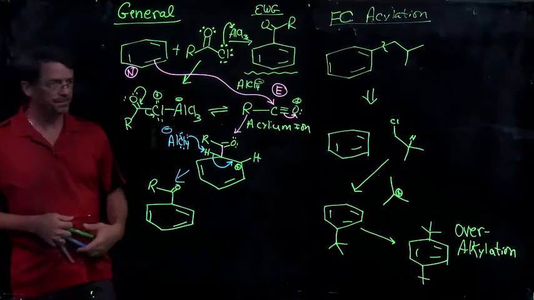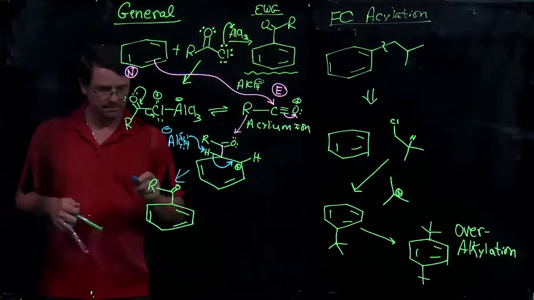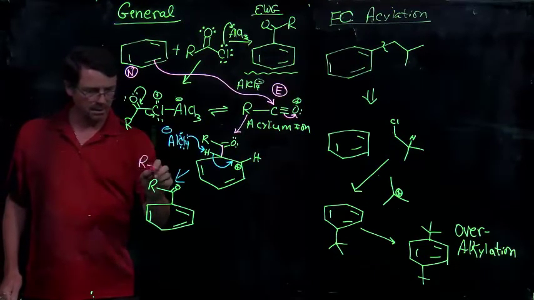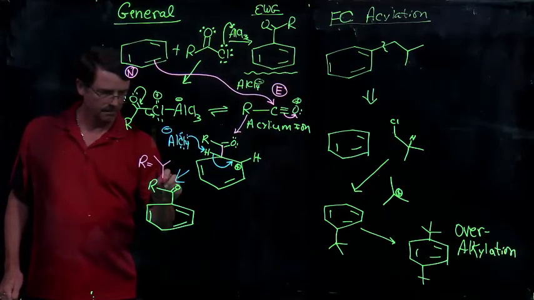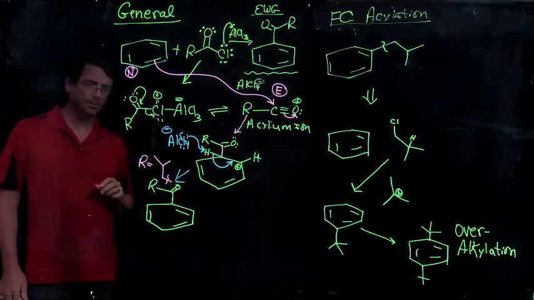Okay, now, how does this help us solve the problem we were dealing with a few minutes ago? Well, here R, we're going to define it like this. What if R equals this group, the isobutyl group?